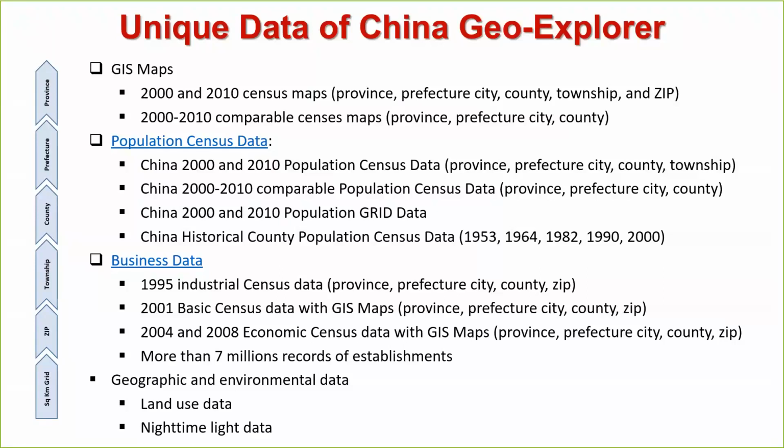But those images are in grid data, 1 square kilometer. So we compile those data by province, prefecture, city, county, and township. So you can use those data as an external variable to verify, or as an additional variable for the population study and the business study. And those data are also comparable across the 2000 and 2010 census base maps.